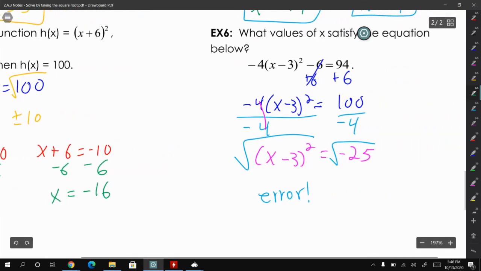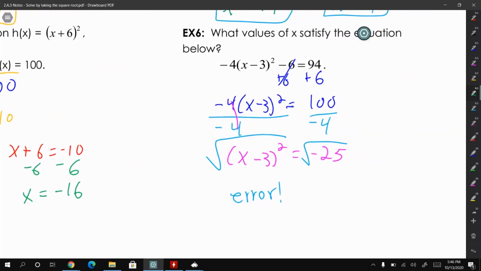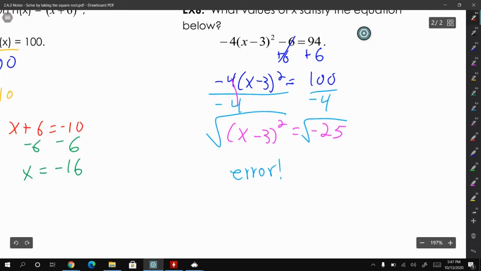Now, I was a little bit mean to you guys on example number 6 because you went through, you did the correct steps, and then your calculator gave you an error. Well, remember, you can't take the square root of a negative number. So when we get x minus 3 squared equals negative 25, that means there's no solution.